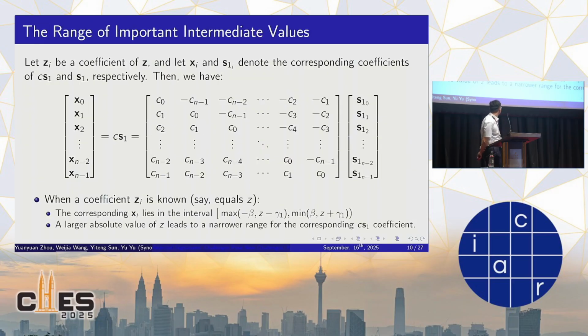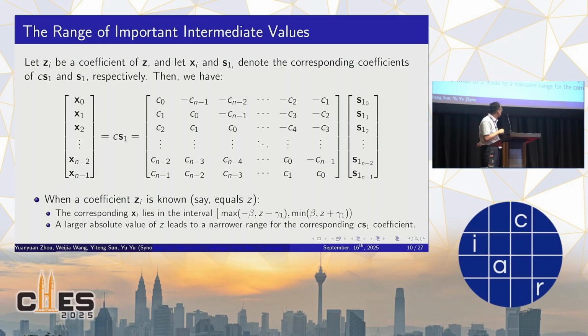If a coefficient zi is known, say it equals z, then the corresponding xi, which is cs1, lies in a new interval. The lower bound is the maximum of minus beta and z minus gamma 1. The upper bound is the minimum of beta and z plus gamma 1.